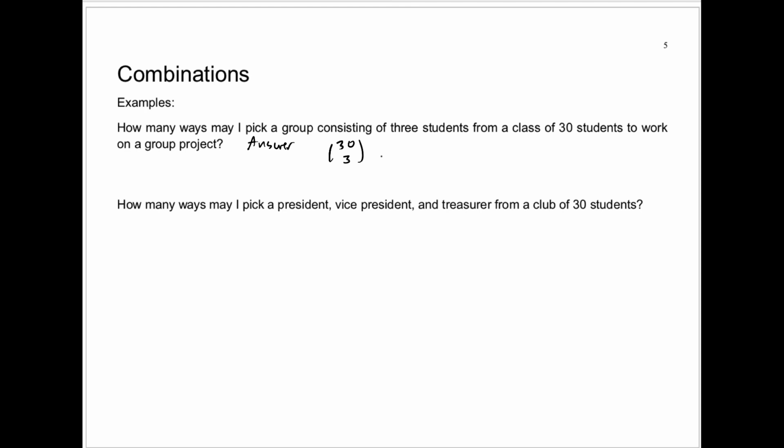If we need to know the exact numerical value, we can use the formula. That's 30 times 29 times 28 over 3 factorial, which is 3 times 2 times 1. You could write this as 30 factorial over 3 factorial times 27 factorial if you want.